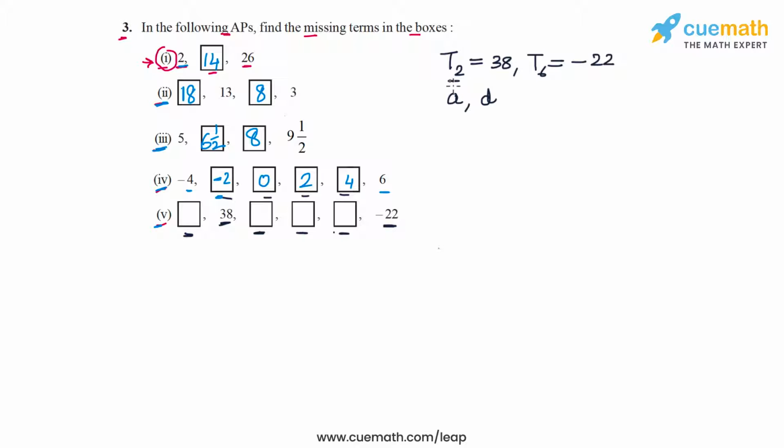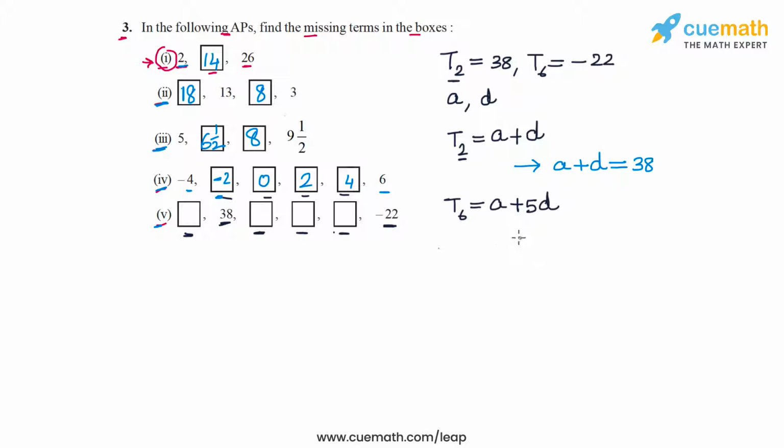Now, an expression for t2 in terms of a and d will be t2 is equal to a plus n minus 1 d, and n minus 1 in this case will be 2 minus 1 or 1, so a plus d. And from here I can get the equation a plus d is equal to t2, and t2 is 38. Now similarly, t6 is given as minus 22, so t6 I can write as a plus n minus 1 d, so 5d in this case.